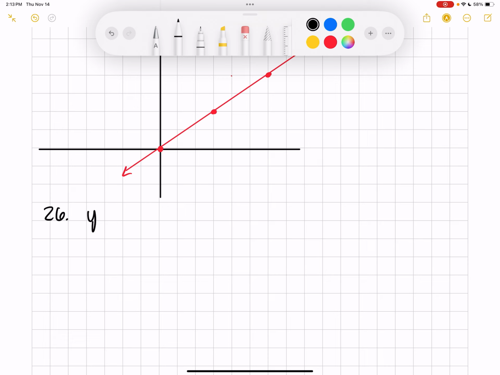26. Y equals -5/2 x plus 2. Is this in slope-intercept form? Yes, it is. So, what's my slope? -5/2. And what's my y-intercept? 2. What is this slope telling me that I'm going to do? Let's write that to the side.